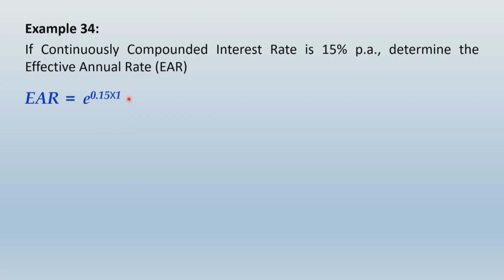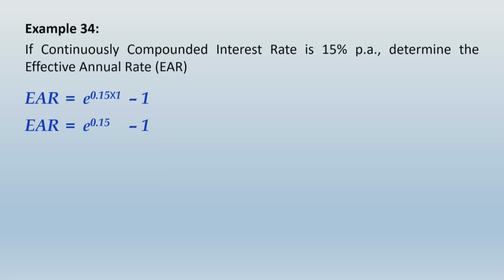But do you know what will happen? E raised to RT is not the annual rate, it is basically the factor. To arrive at the rate you need to subtract 1. So effective annual rate will be e raised to 0.15 into 1, so 0.15 into 1 is 0.15. So it will be e raised to 0.15 minus 1. And when you calculate the value of e raised to 0.15, how to calculate that?